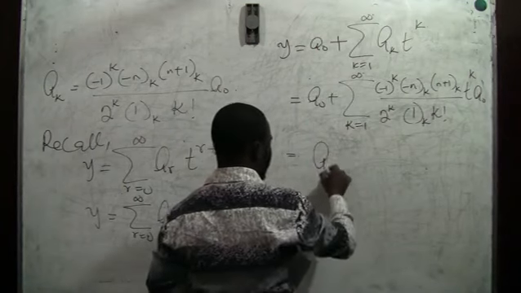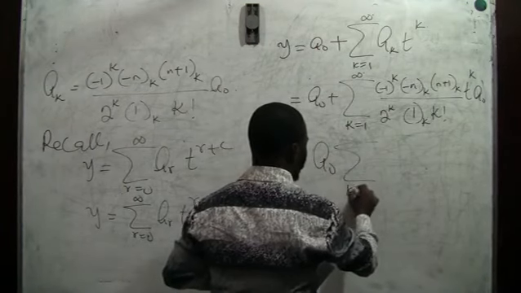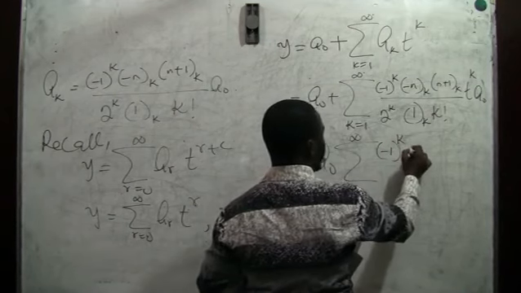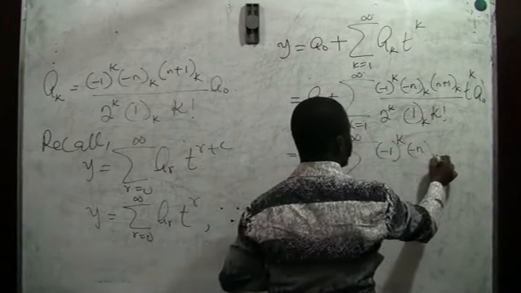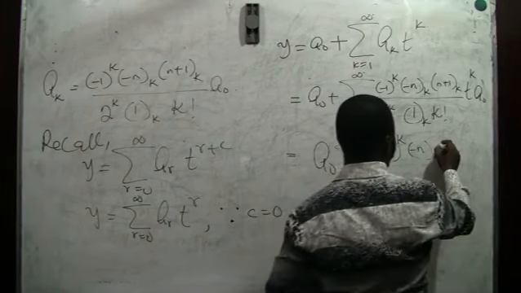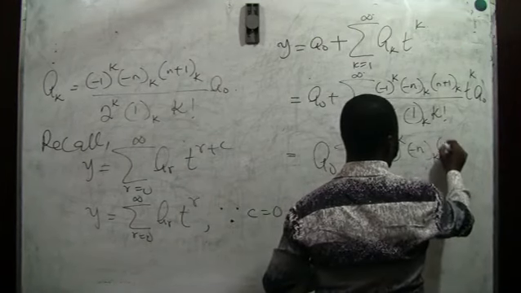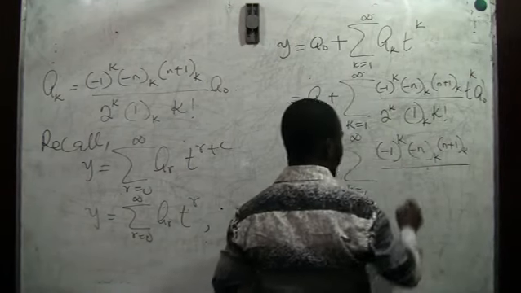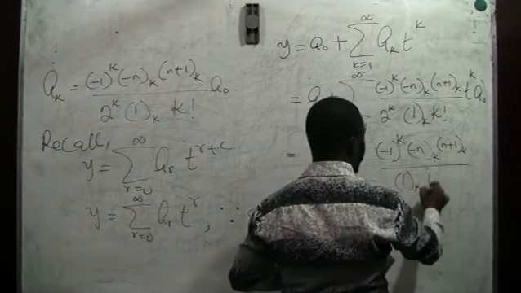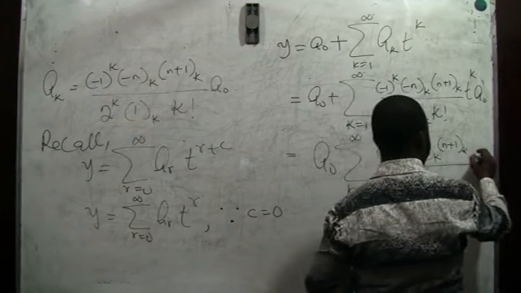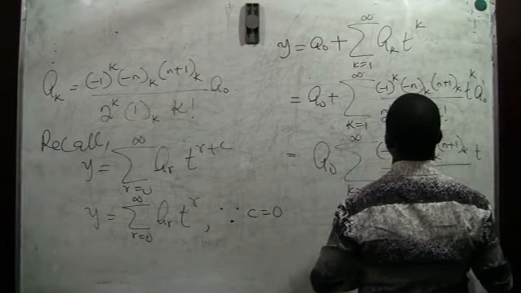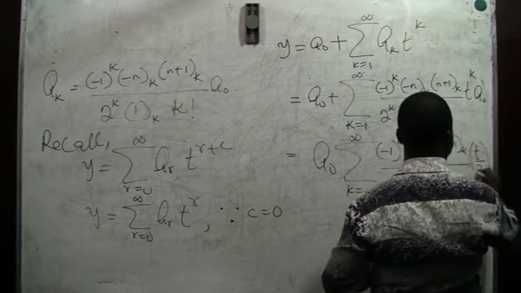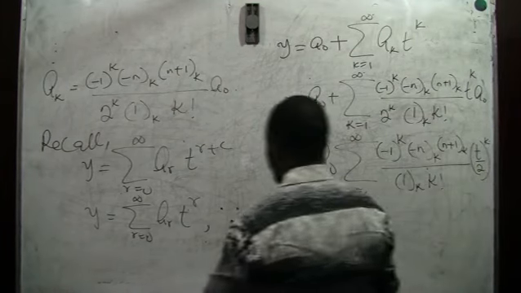So eventually this becomes k from 1 to infinity minus 1 raised to power k minus n sub k, n plus 1 sub k divided by 1 sub k, k factorial, then t divided by 2 raised to power k.